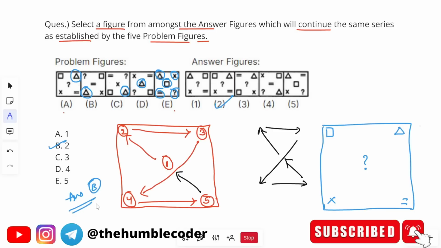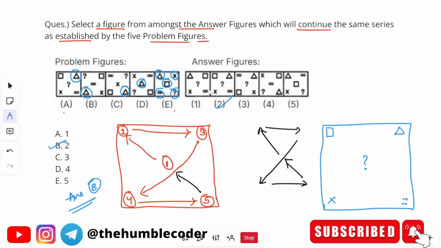And I hope you understood it. What was the logic that was followed? You don't have to create the diagram in this way. Once you have figured out the sequence, or where it is going from, you can focus on one character only. After you have figured out the sequence, you just have to take care that the question mark is here, right? So what will be the new position of the question mark?